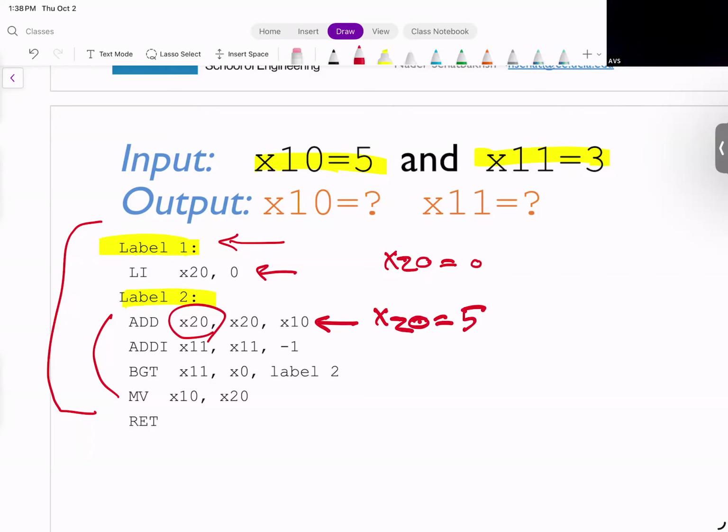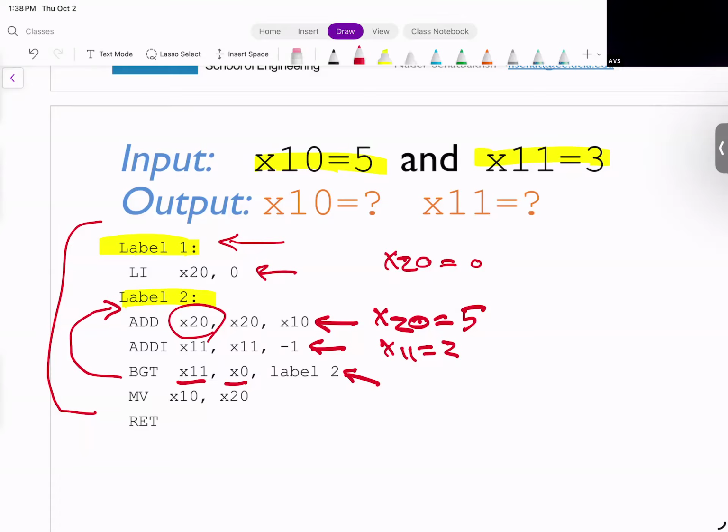Then this is your loop counter kind of thing, so you subtract this by 1. So here x11 becomes 2. Then you compare the x11 with x0, and you jump back to this if this value is not true.